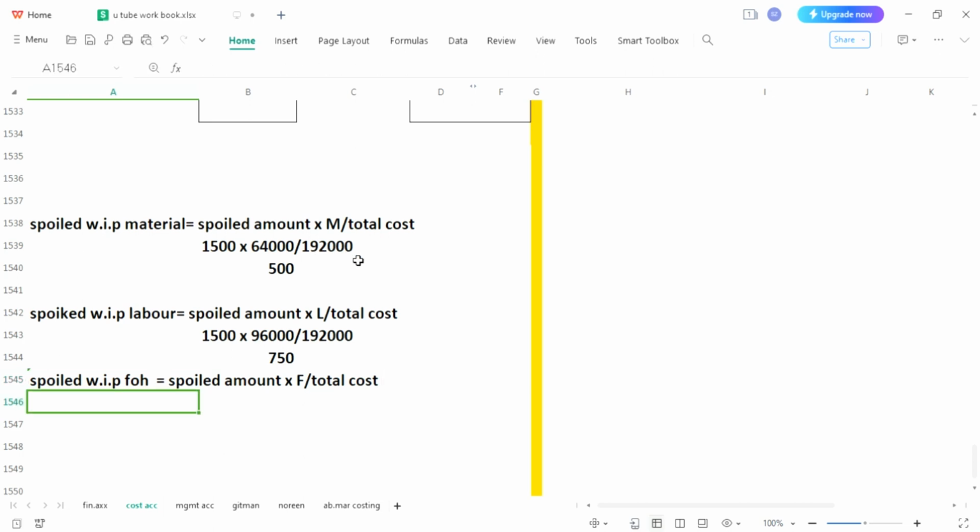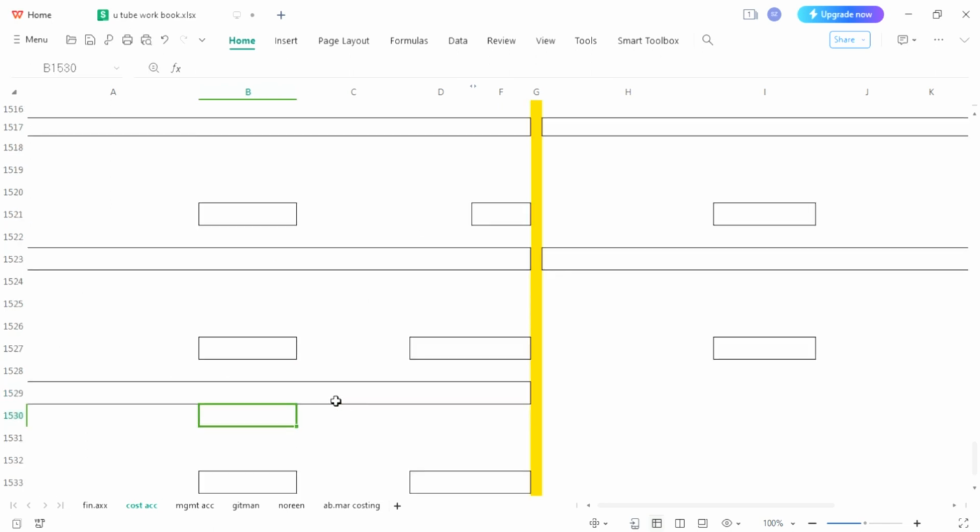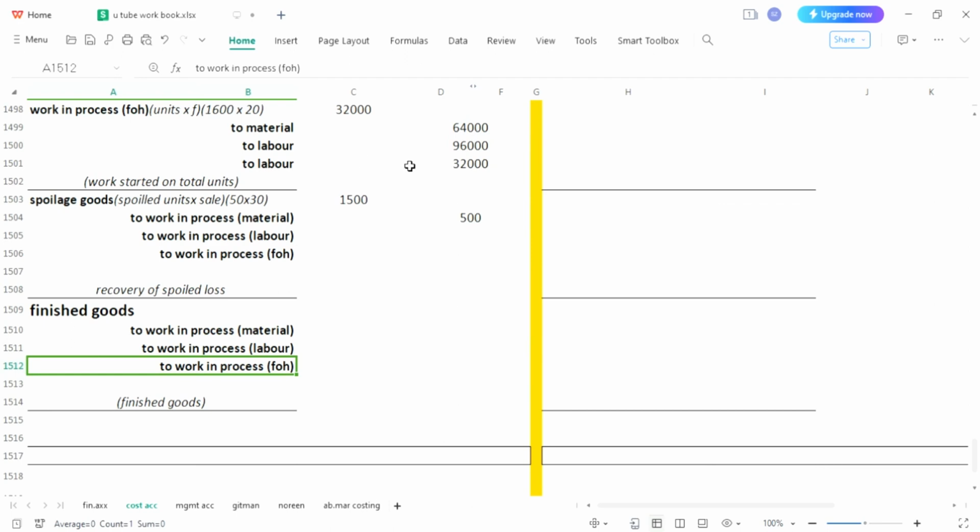Look, 192, 192. Spoiled amount would be the same, 1500, 1500. Only the amount of material, labor, and FH would be changed. So spoiled amount is 1500. We need to multiply it with capital F. That means factory overhead cost would be mentioned over here. How much is the factory overhead cost? Look over here. We have 32,000.